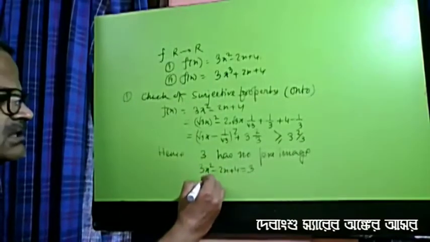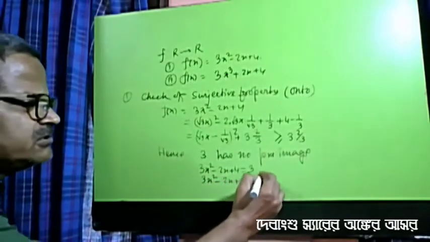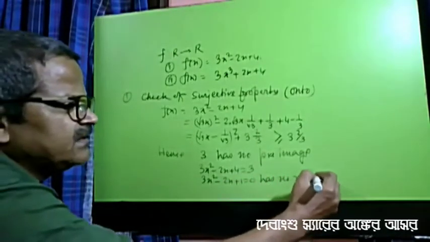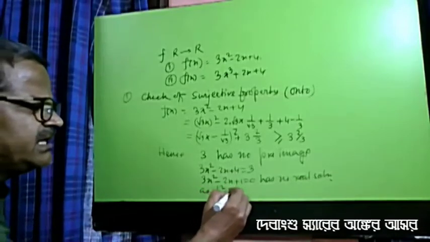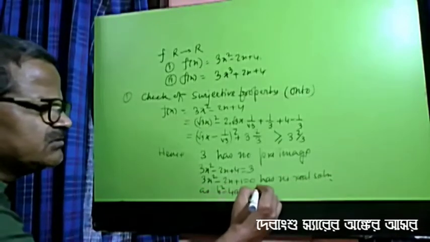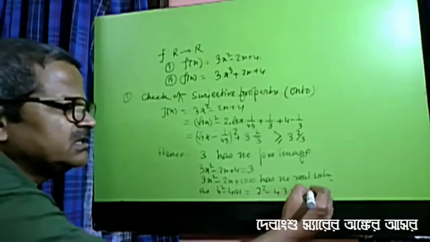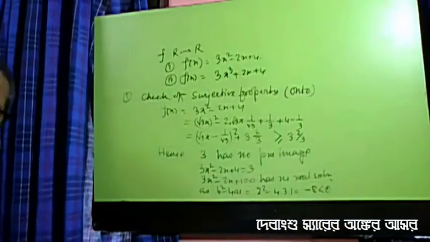Now see that 3x square minus 2x plus 1 equal to 0 has no real solution, as b square minus 4ac is equal to 2 square minus 4 into 3 into 1, which is minus 8, less than 0.